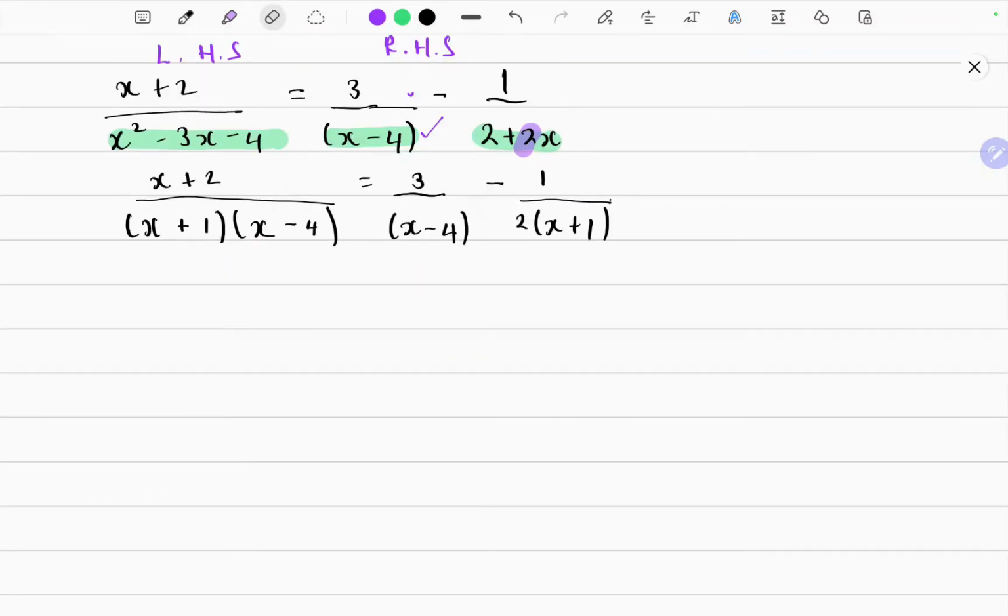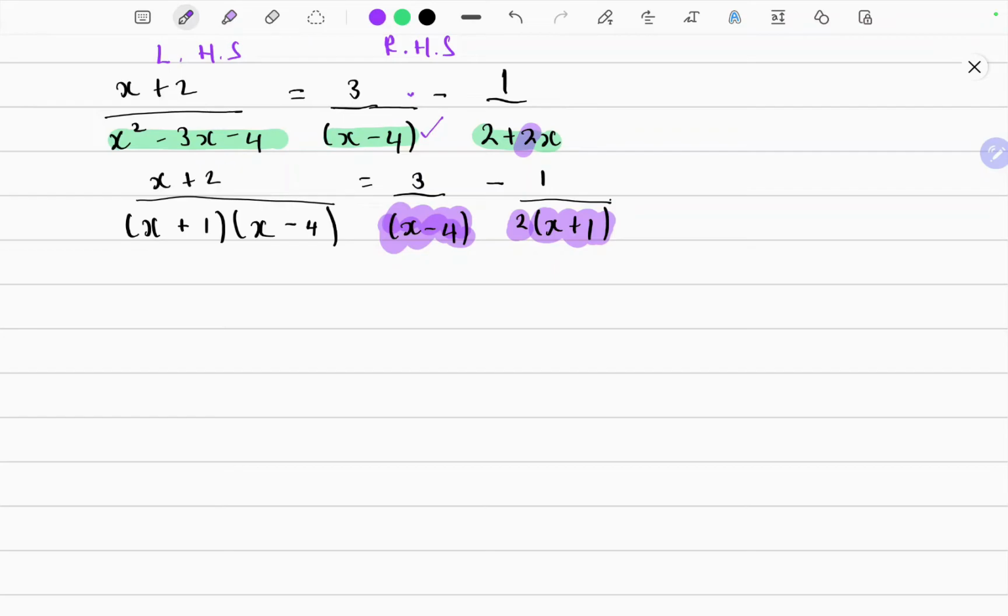So at this point, I need to find a way to eliminate the denominators so that I can form a linear equation. And the way we do this is we multiply by an expression consisting of these factors. Why we do that is because we want to cancel out the factors in the denominator.